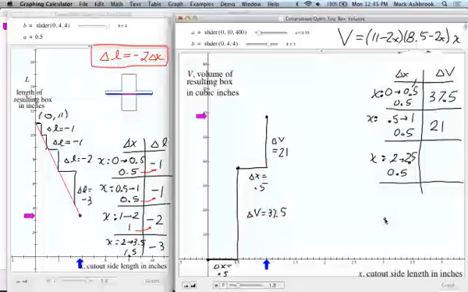Is Grant here? Grant. Where's Grant? Did you get either volume? Did you get a volume yet? Just a volume. Okay.